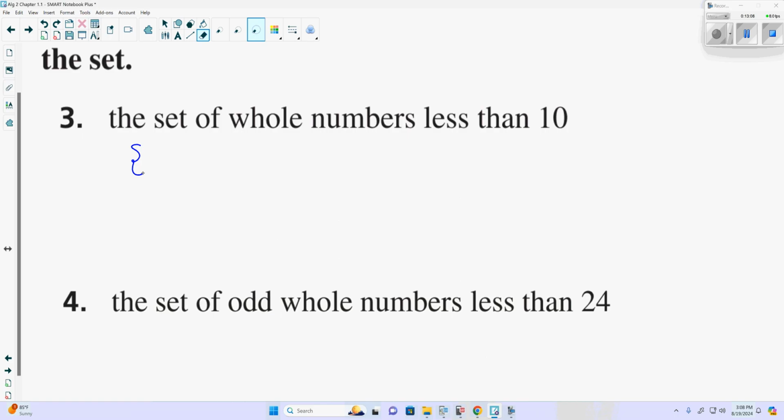Almost. 0. Okay. 0, and 1, 2, 3, 4, 5, 6, 7, 8, 9. Because we just want the numbers less than 10.